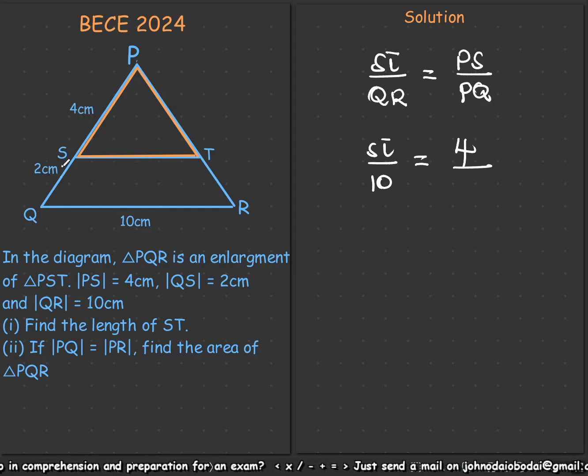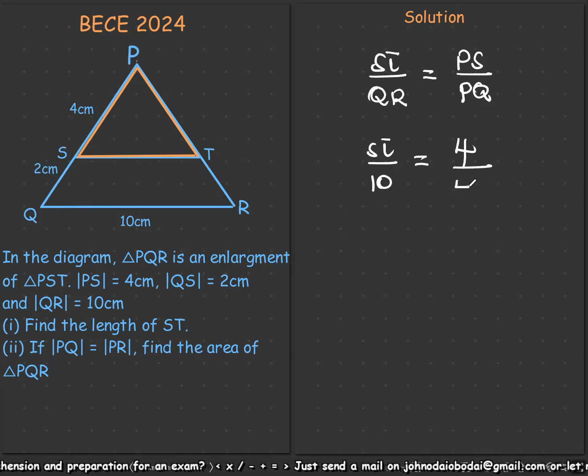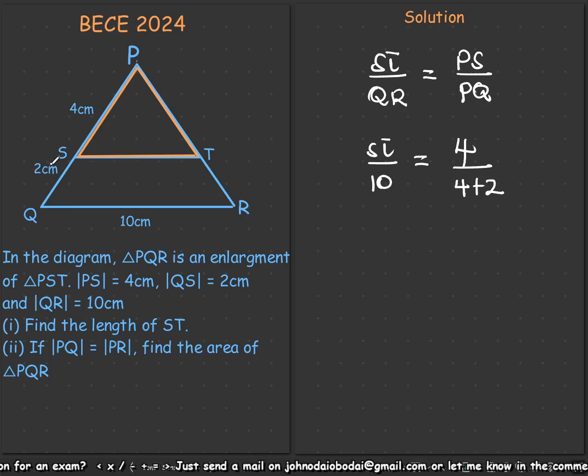That is 4 plus 2. Why are we saying it's 4 plus 2? This 2 centimeters here is actually from S to Q, but we want the whole length, P to Q. And P to Q is made up of P to S and then S to Q. That is how we are getting this 4 plus 2 over here.